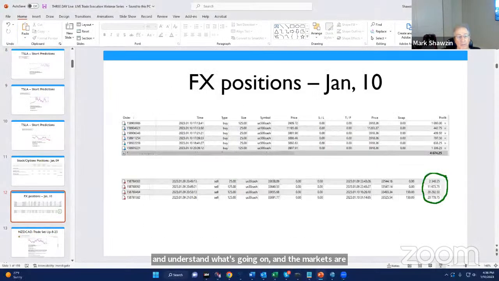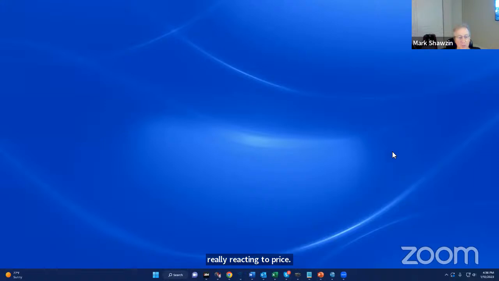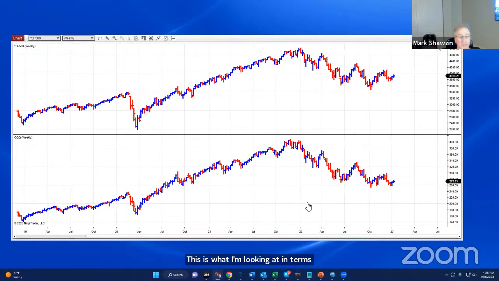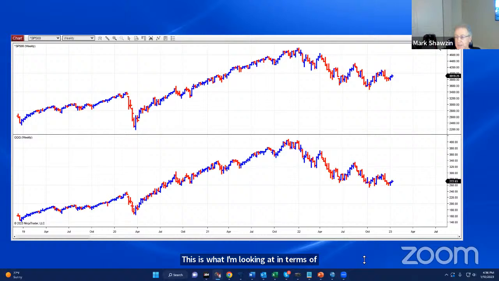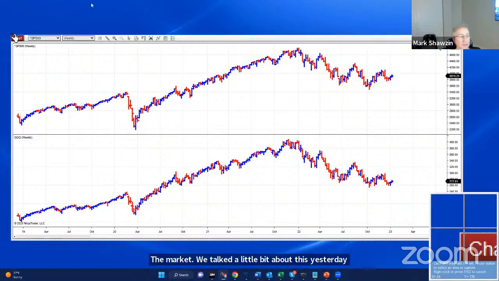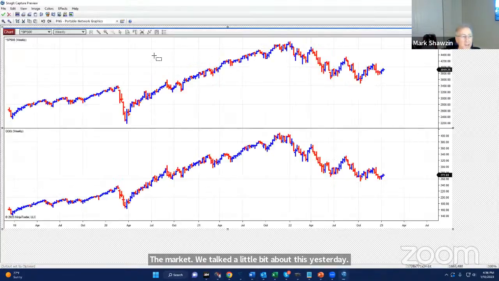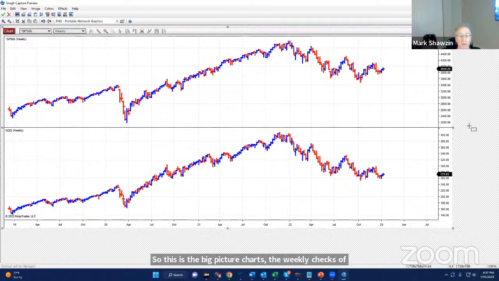So this is what I'm looking at in terms of the market. We talked a little bit about this yesterday. So this is the big picture charts, the weekly charts of the S&P 500 and the triple Qs, which is really the NASDAQ.